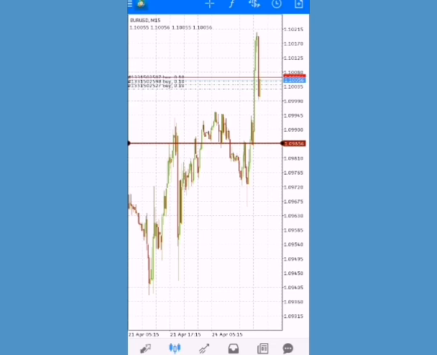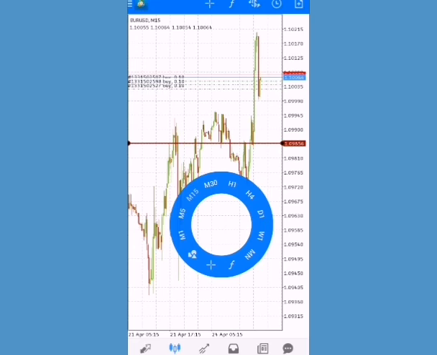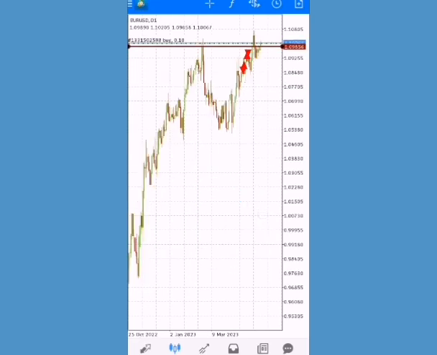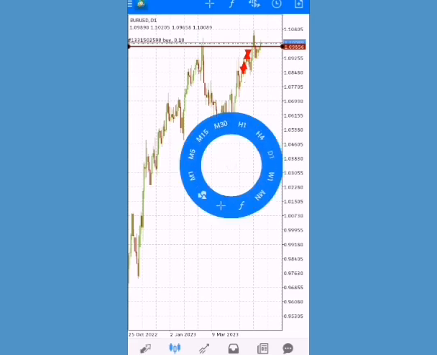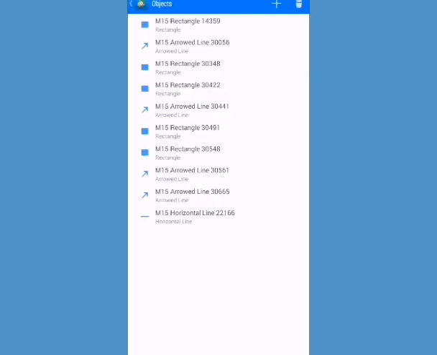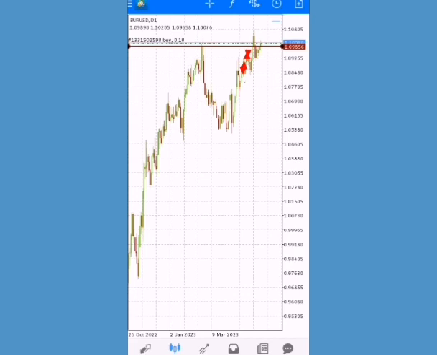But the point is that you determine your stop loss from a smaller time frame, and for your take profit, you can use the higher time frame. After placing the stop loss, which is the red line, you come to the higher time frame and you check where you can place your take profit, and clearly it is anywhere around this point.